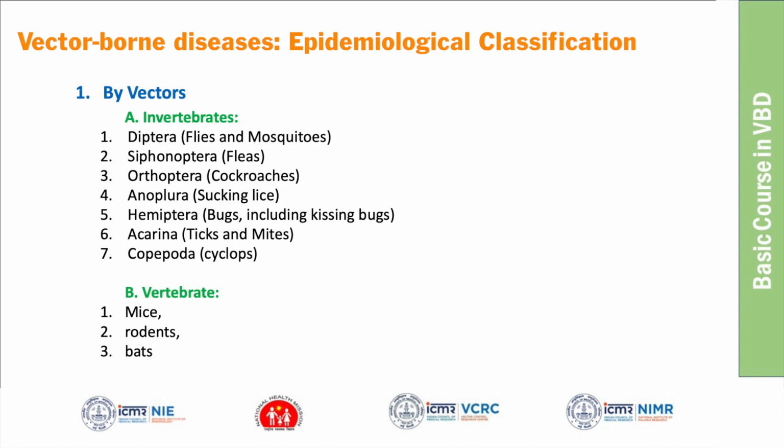Now, there are invertebrate vectors and there are vertebrate vectors. The invertebrate vectors, which will be the focus of my talk, are Diptera. The Diptera order includes flies and mosquitoes. Siphonaptera includes fleas. As you know, fleas cause plague. Mosquitoes cause malaria, filariasis, dengue, chikungunya, Japanese encephalitis. Number 3 is Orthoptera. These are cockroaches.